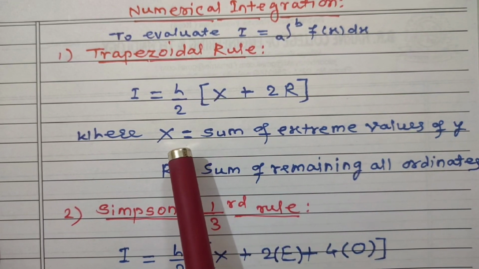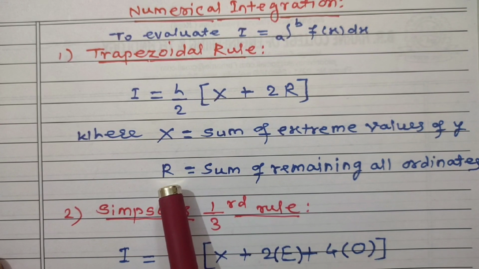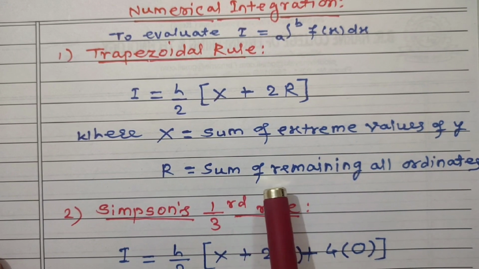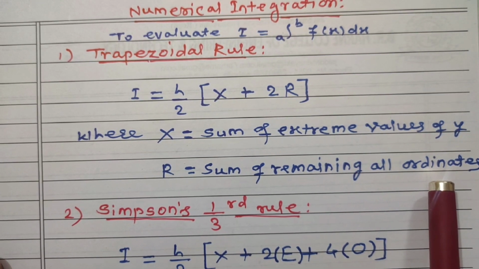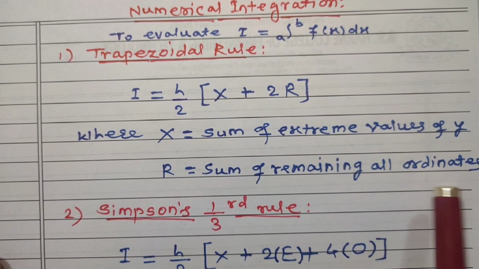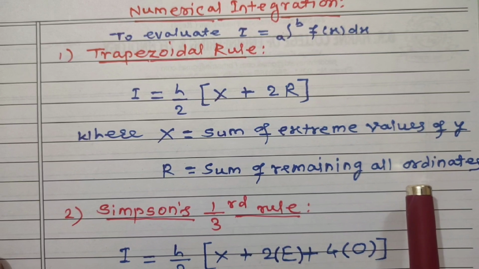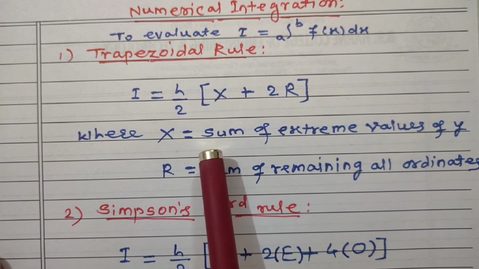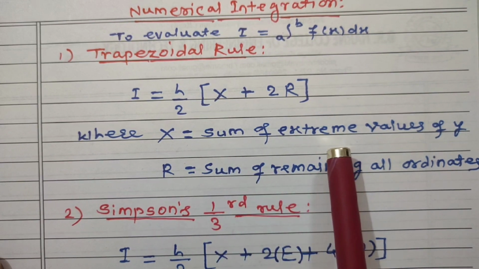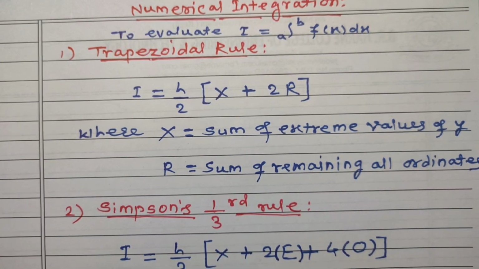Their sum, that is nothing but capital X. And capital R is equal to sum of remaining all ordinates. Ordinates means y0, y1, y2, y3, y4, y5, all these are ordinates. Sum of remaining all ordinates excluding extreme ordinates. Okay, this is trapezoidal rule.